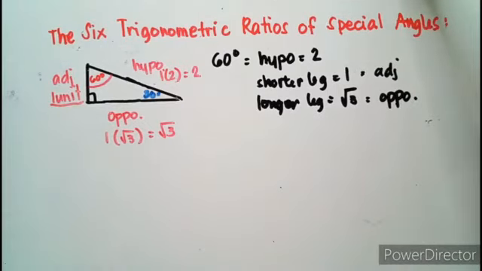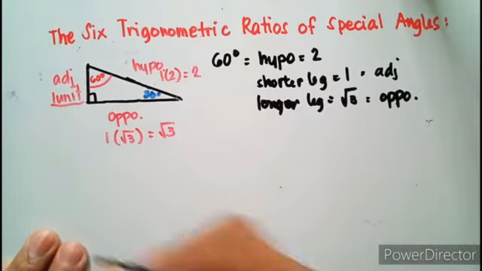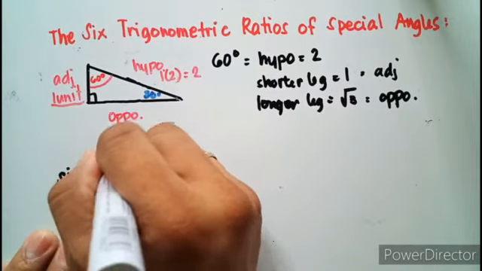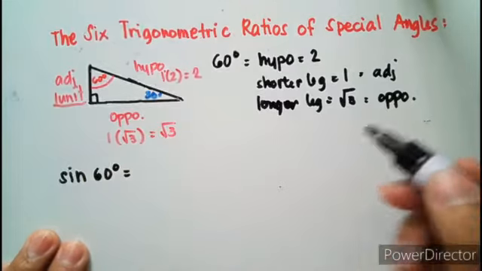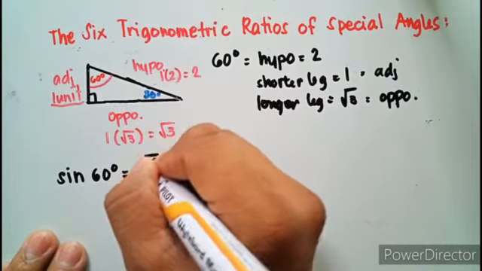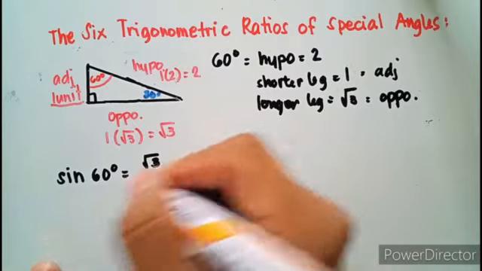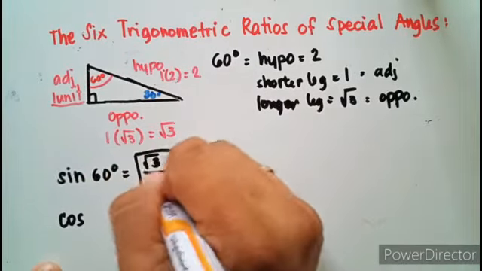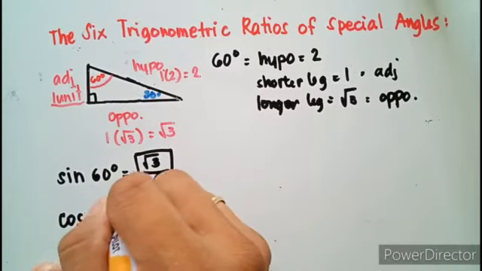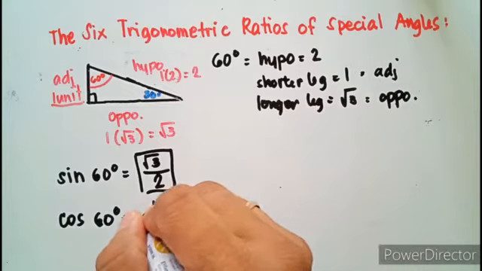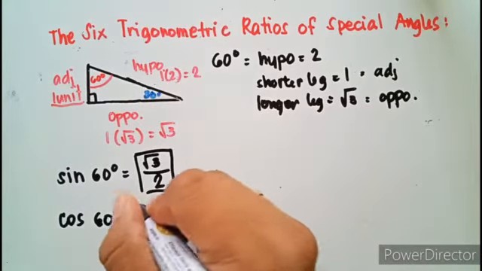Then, let's find the six trigonometric ratios of 60 degrees. So, let's get sine 60 degrees. Sine 60 degrees is opposite over hypotenuse, that is square root of 3 over 2. Next, cosine 60 degrees: adjacent, 1, over the hypotenuse, 2.